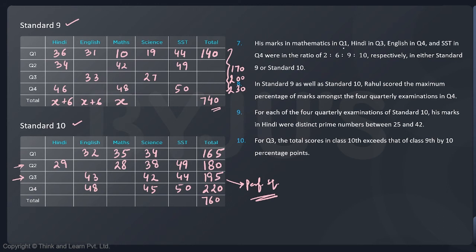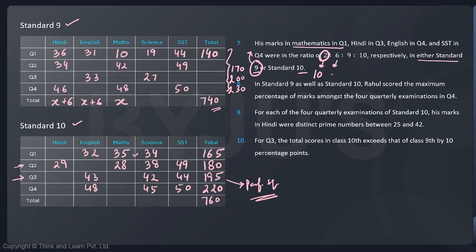So his marks in mathematics in quarter one, Hindi in quarter three, English in quarter four, SST in quarter four, they were in this ratio in either standard 9 or 10, in one of the two standards. The point is mathematics in quarter one is a multiple of 2. But in standard 10, his score is 35, which is not a multiple of 2. So definitely he is talking about standard 9 here. So in standard 9, his score here is 10.